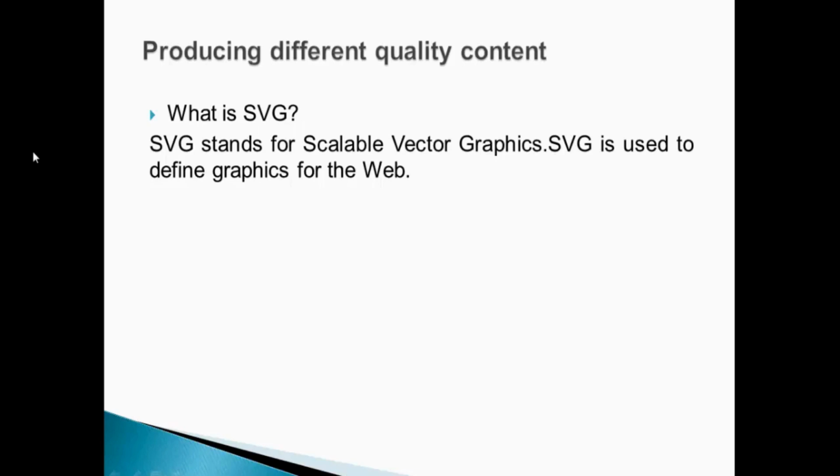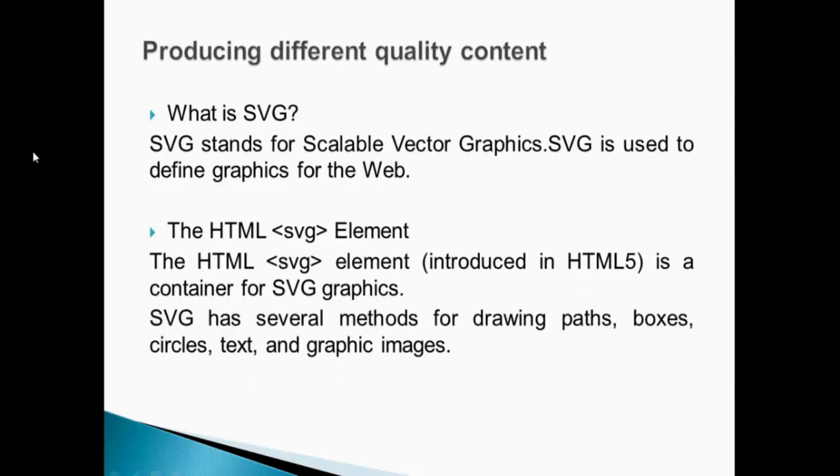What is SVG? SVG stands for Scalable Vector Graphics. SVG is used to define graphics for the web. The HTML tag element for SVG is as given. The HTML SVG element introduced in HTML5 is a container for SVG graphics.